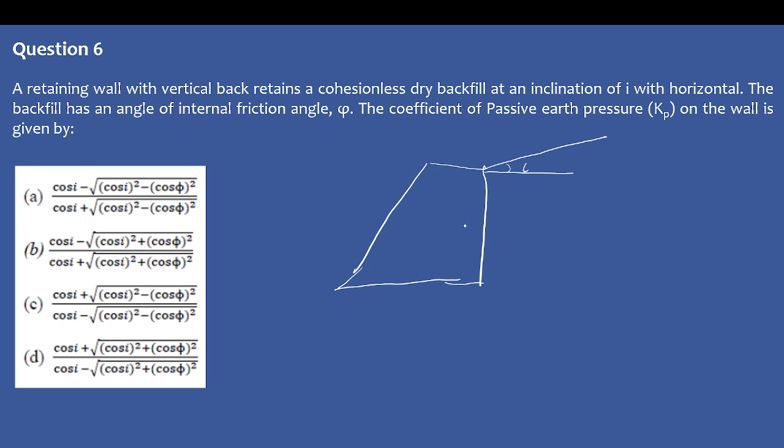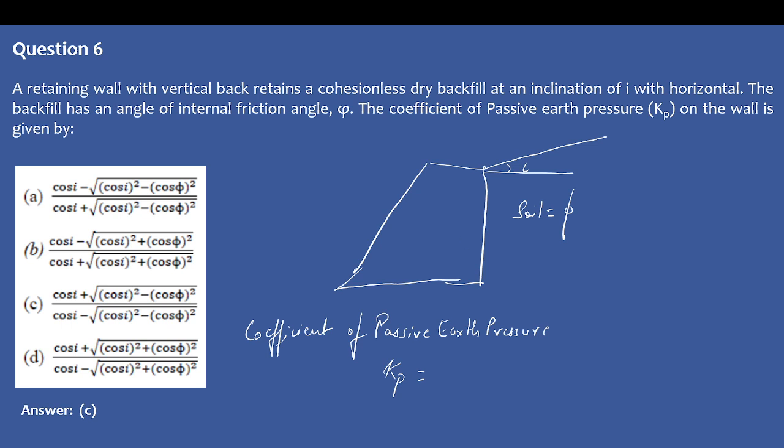The soil property here is phi. So here we need to determine the coefficient of the passive earth pressure, which is given by Kp.